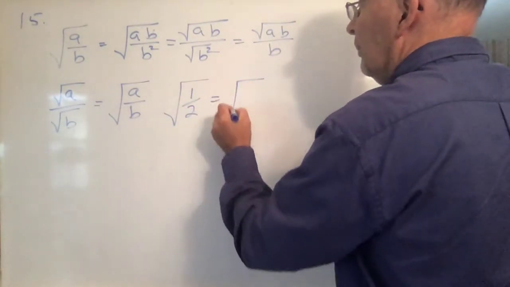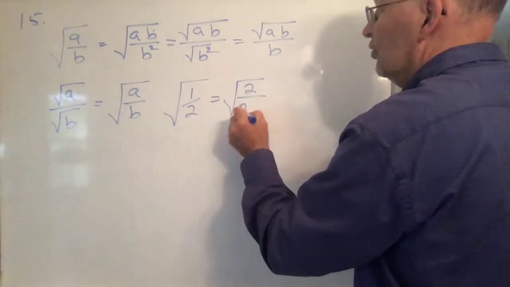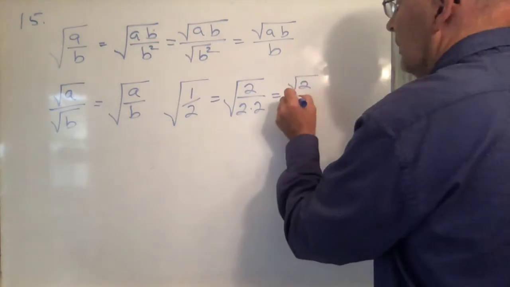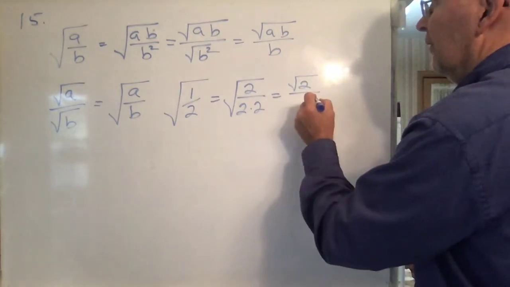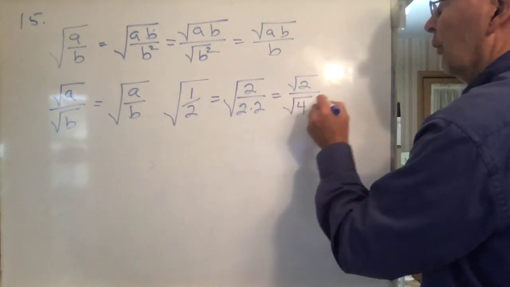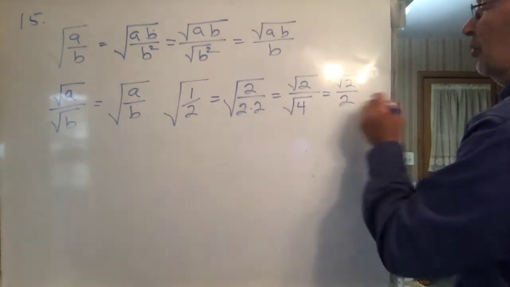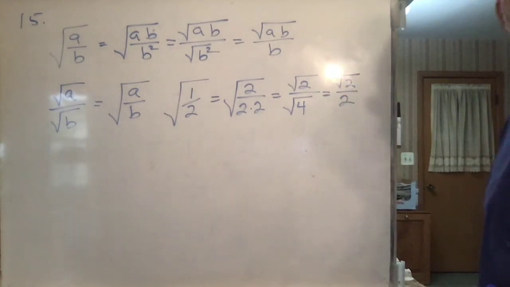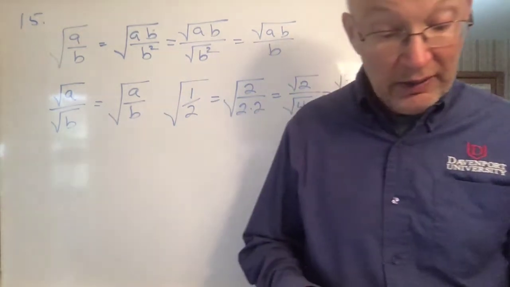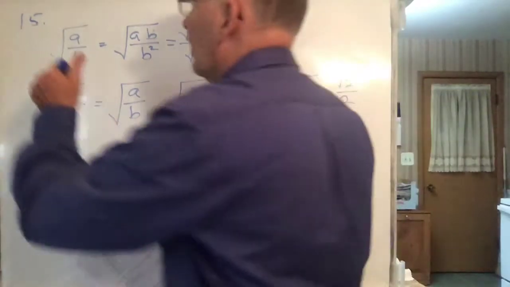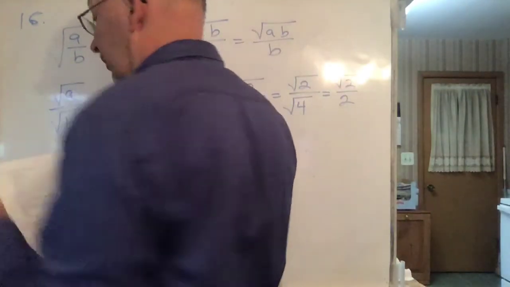You can multiply both the top and the bottom by a 2. And then break it up. And here I have the square root of, I'll write it as square root of 4. And the square root of 4 is just 2. So there you go. So that's the end of number, that was number 16, rather.